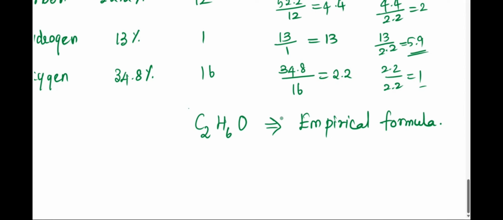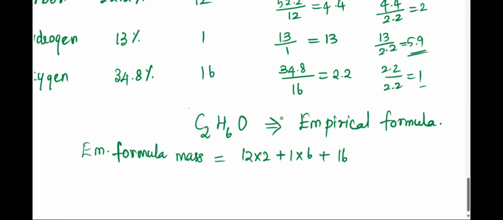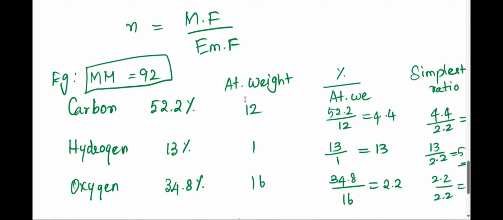So find out the empirical formula mass, which is equal to 12 for carbon plus 1 for hydrogen, 16 for oxygen. So in total 24 plus 6, 30, 30 plus 16, which will be 46. Empirical formula mass is 46 and the molecular formula mass is given as 92.